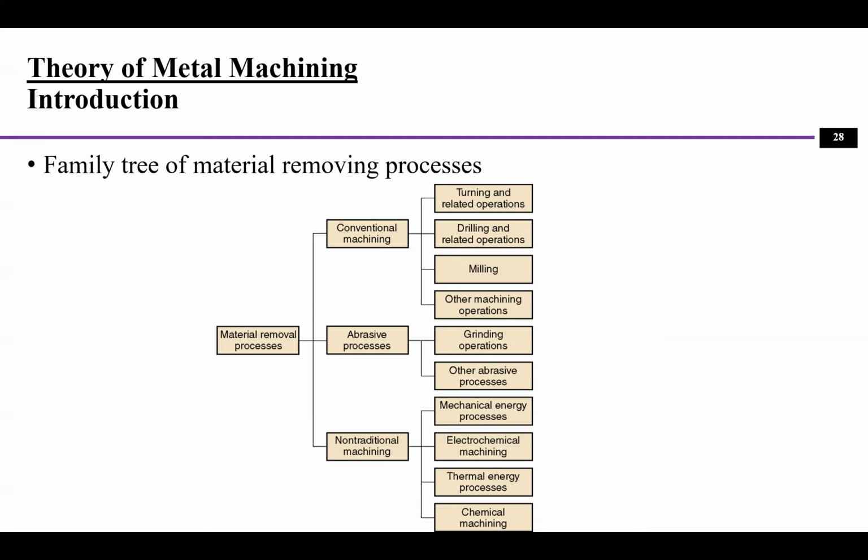For example, grinding, right, processes to make it smoother and the surface finish better. And there are also non-traditional machining processes, which use other energy sources, right? Either electric sources or chemical machining.